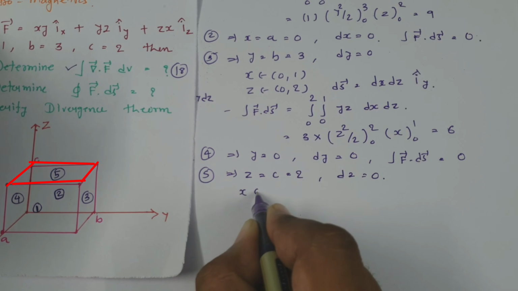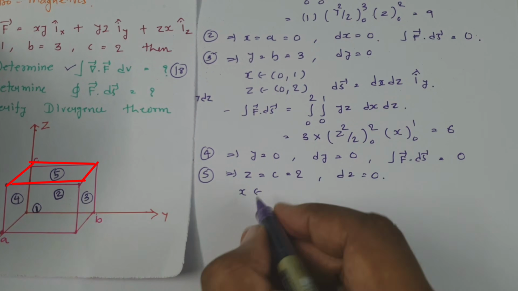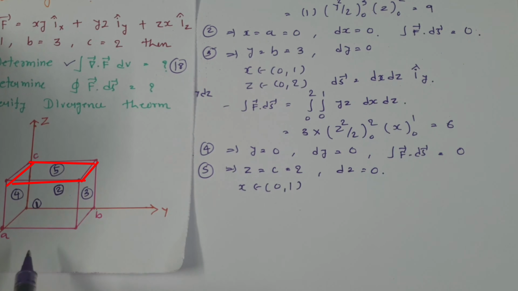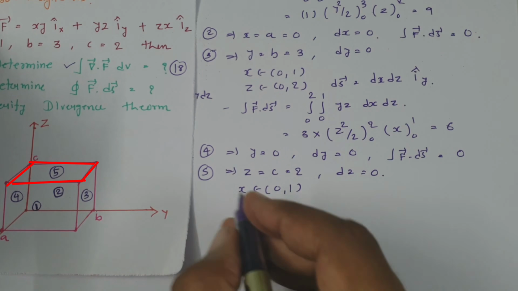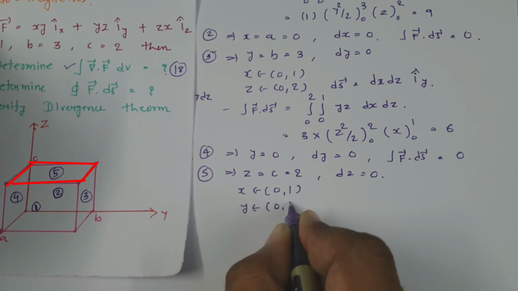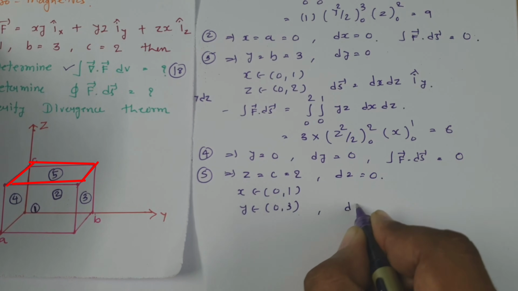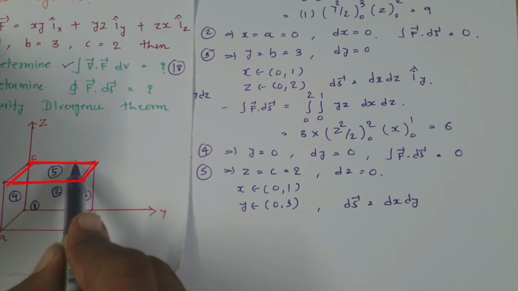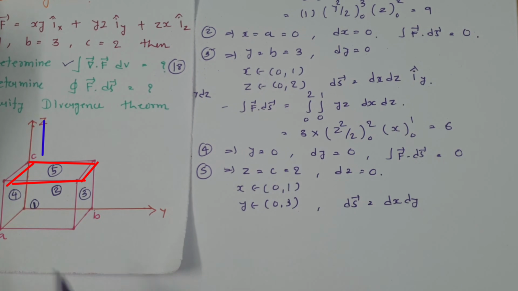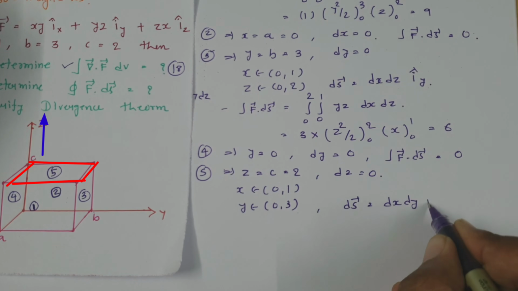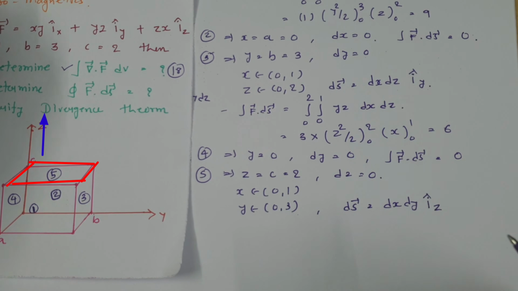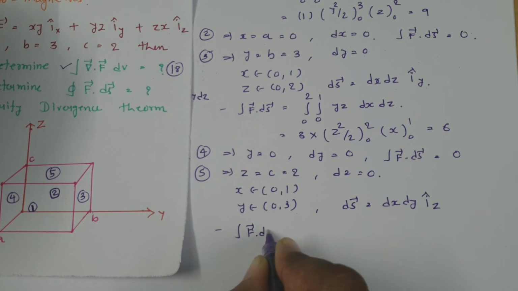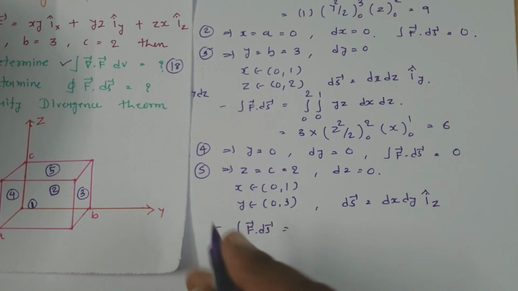Here x is varying from 0 to 1, so x belongs to 0 to 1, and y is changing from 0 to b, where b is 3, so y belongs to 0 to 3, and this surface dS, that is dx dy, and if you observe this surface, that is there in the z direction, so into the iz direction.